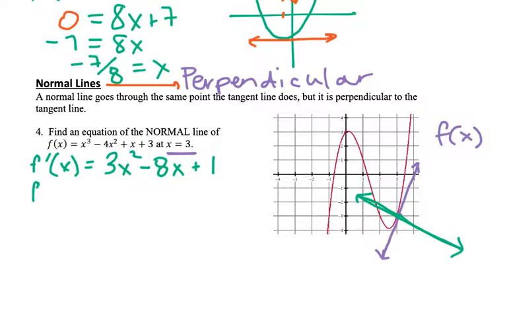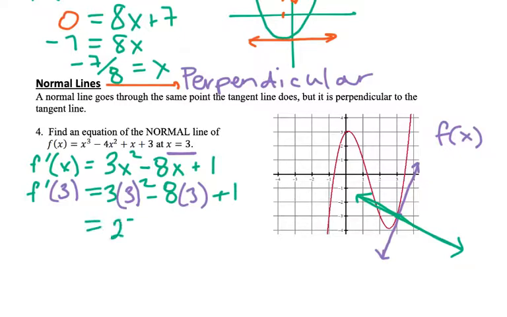Then we want to find the derivative specifically at x equals 3. So we're going to plug in 3 times 3 plus 1. So we get 27 minus 24 plus 1. That gives us 4.